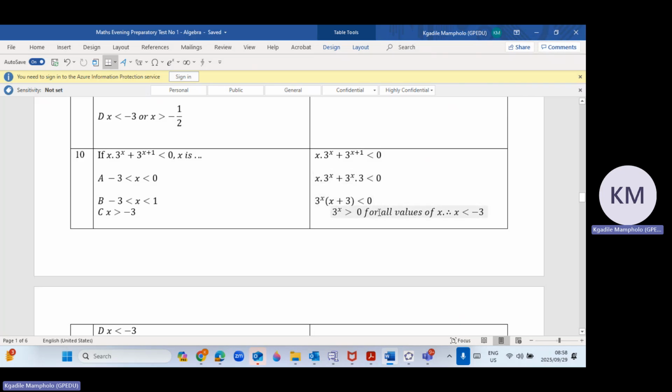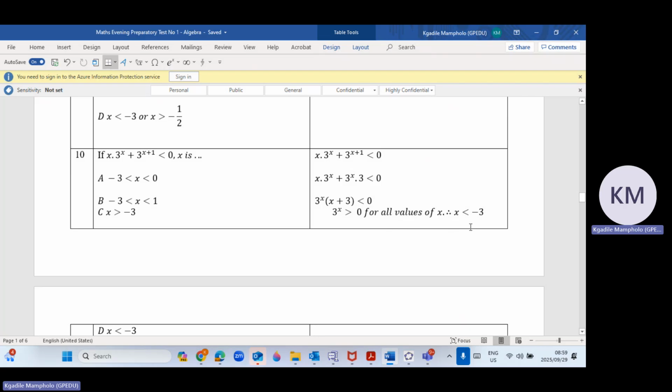Now, we know that if you have 3 to the power x, you are solving for x. 3 to the power x will be greater than 0 for all values of x. Meaning that even if x here is negative 1, 3 to the power negative 1 is positive 1 over 3. So 3 to the power x will be greater than 0 for all values of x.